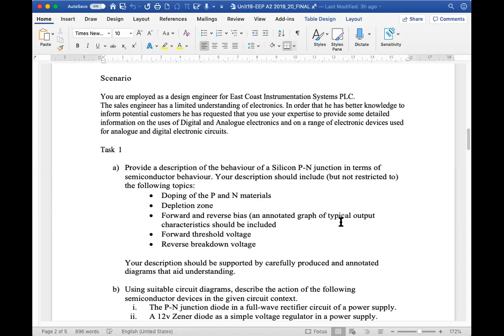Part C is not a pass either, but using the pressure sensor from part A, analyze and evaluate the difference between the direct analog signal of 0 to 10 volts and the same signal represented by a 12-bit binary word of an A to D converter. So annotated diagrams will be expected. So we covered that last week as well.